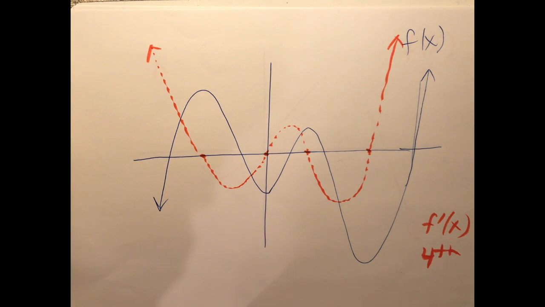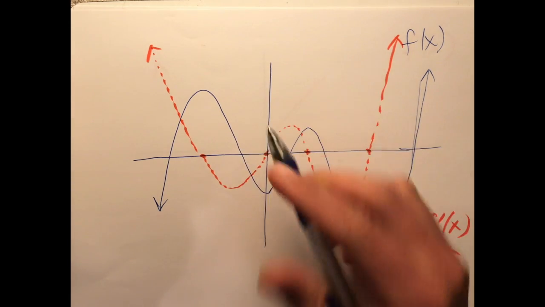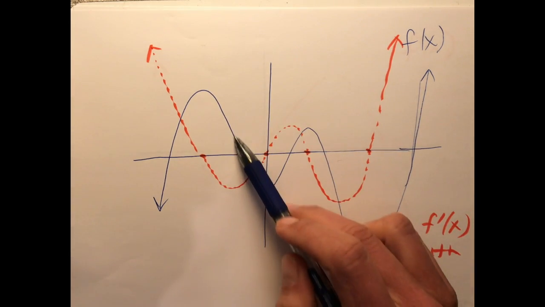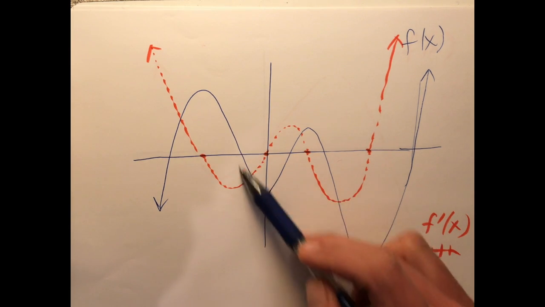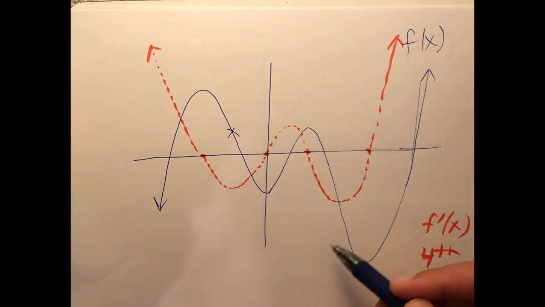Now the last thing I want to tie in here is concavity. So my original function f of x changes concavity multiple times. Here the graph is concave down, and right around here I would say my graph changes from concave down to concave up. So right around there I'm going to put an x. And this continues.